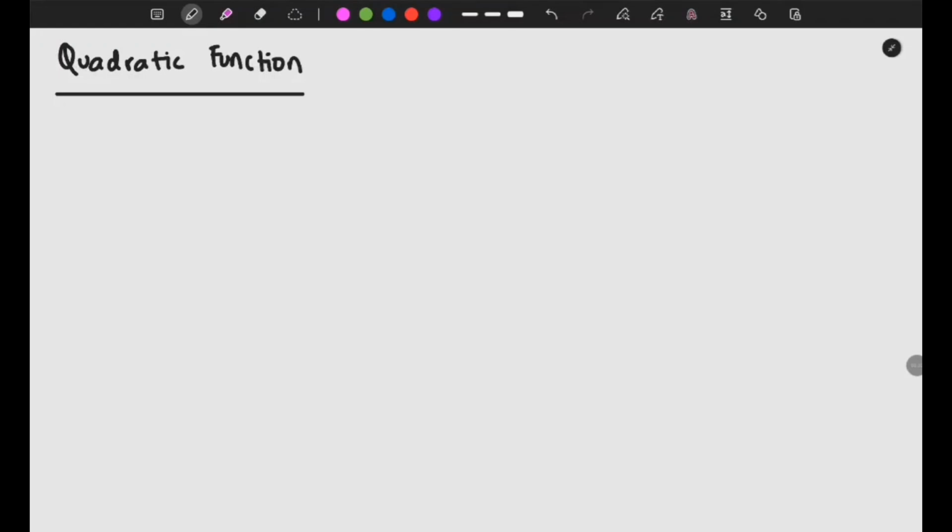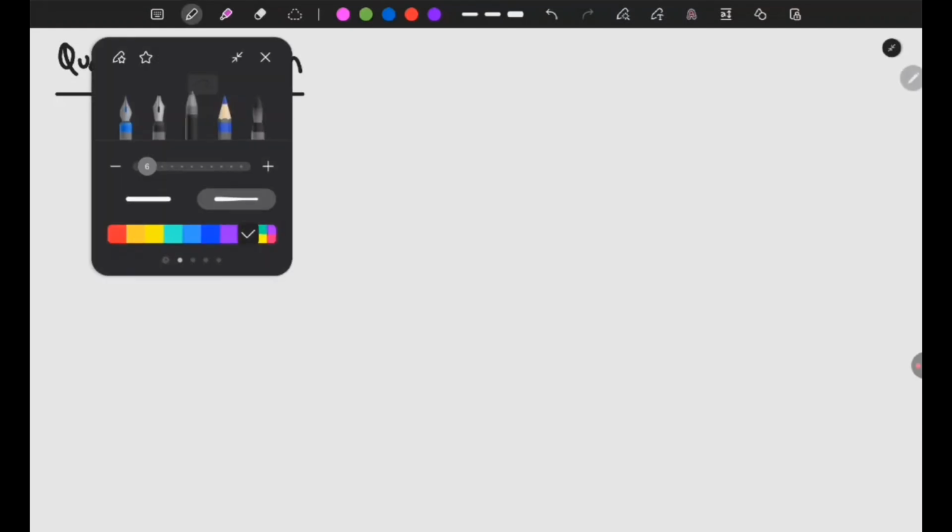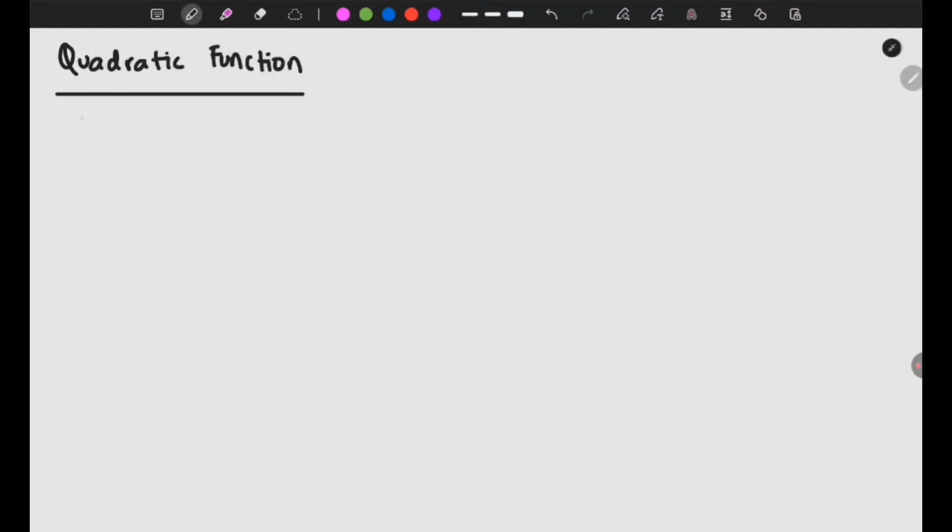So today I'm going to talk about quadratic function in my video for Addmaths. But today my main focus is on types of roots. I have two things that I'm going to do with you today. One is types of root, and I'm also going to cover the maximum and minimum point.